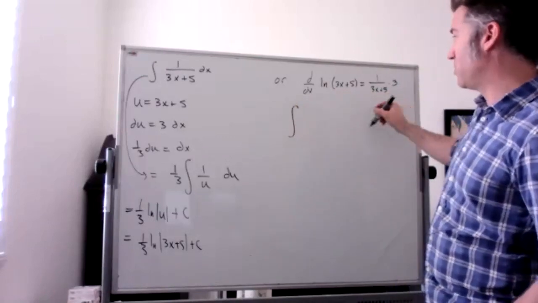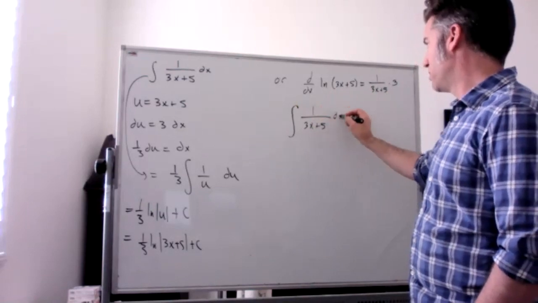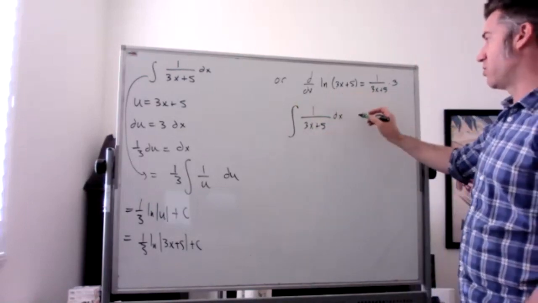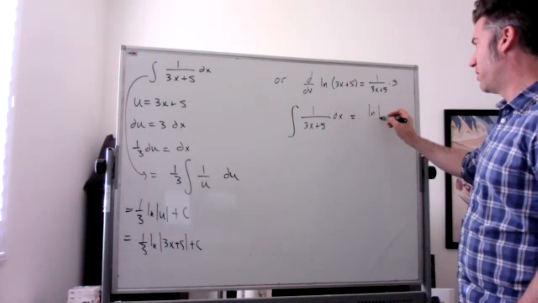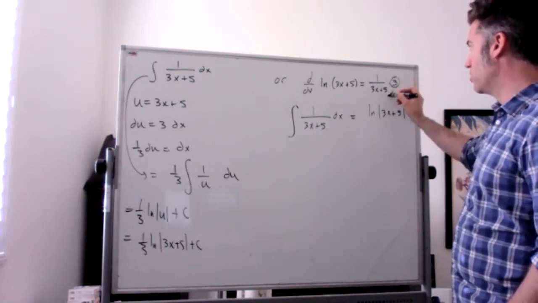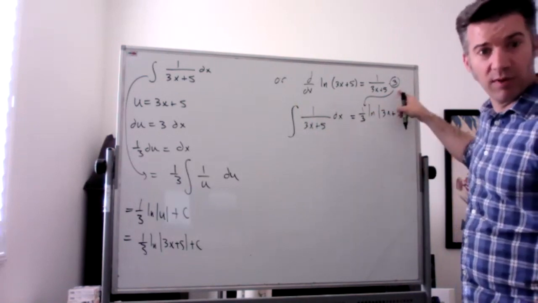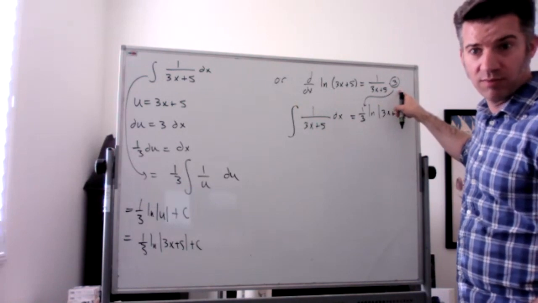But I really just want to integrate 1 over 3x plus 5. So the integral of this should be the natural log of the absolute value of 3x plus 5. And then I'm going to divide by 3 to account for the 3 I would have multiplied by using the chain rule.